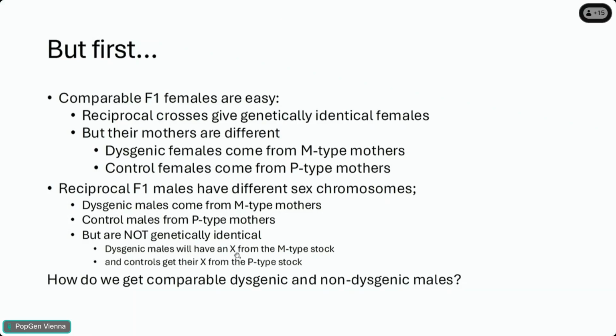But the dysgenic males get their X from the M-type stock, and the control males get their X from the P-type stock. And this is not a great comparison because there's a lot of dysgenesis that we know from melanogaster populations maps to the X chromosome. So this is not only a genetic difference, but potentially a very important genetic difference.